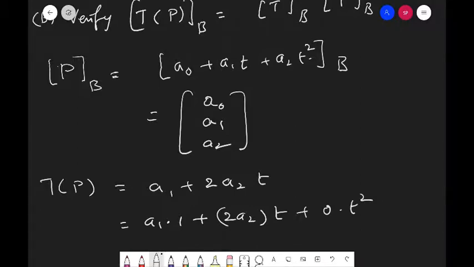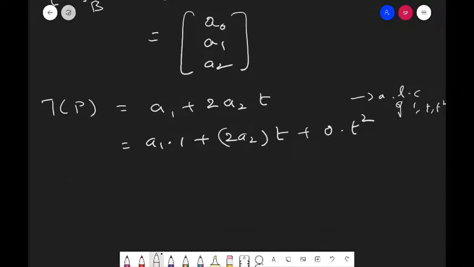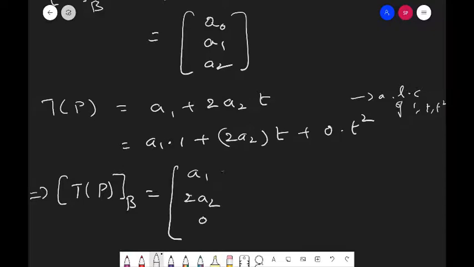You have to write this as a linear combination of 1, t, t square. So this implies the coordinate vector of T of P with respect to the basis B is a1, 2 a2, 0.